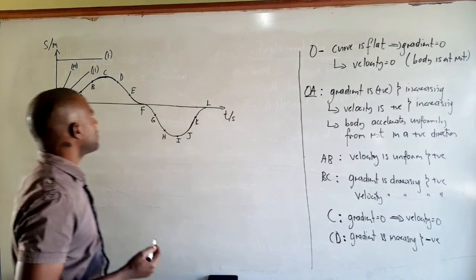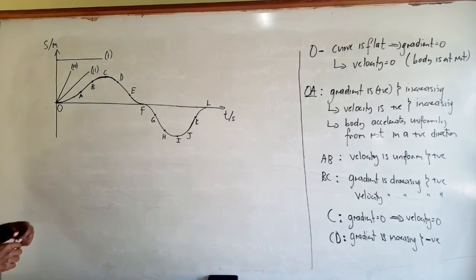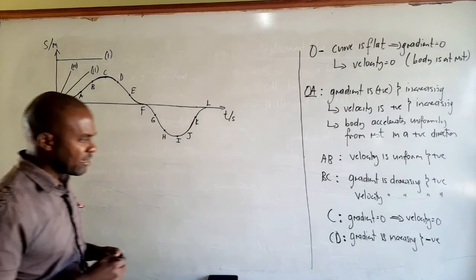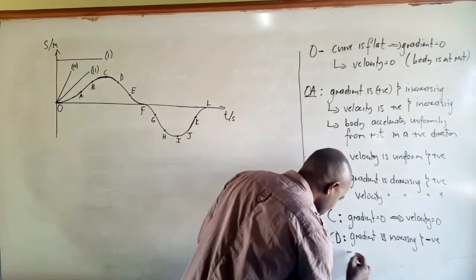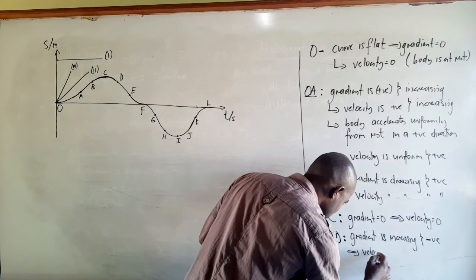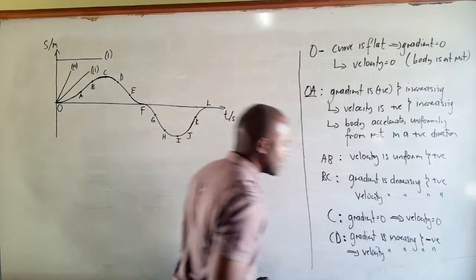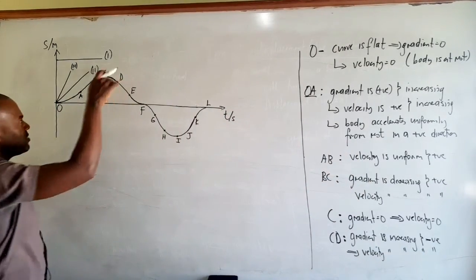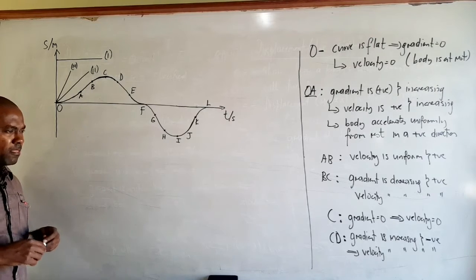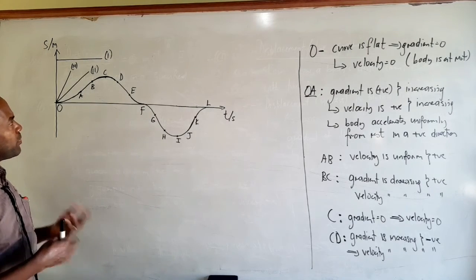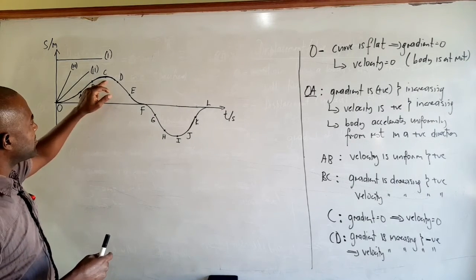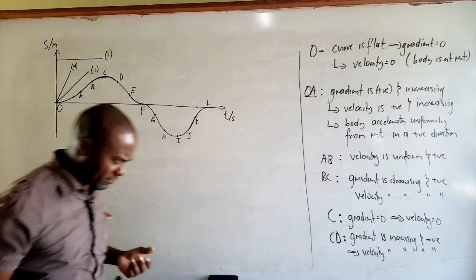So the gradient of this graph is now increasing, but it is negative. And this therefore means that the body's velocity is increasing and negative. So CD shows a portion of the graph where the body's velocity is increasing, but it is negative, right?